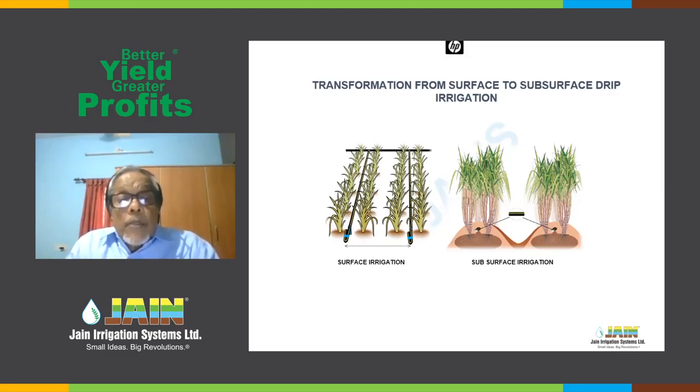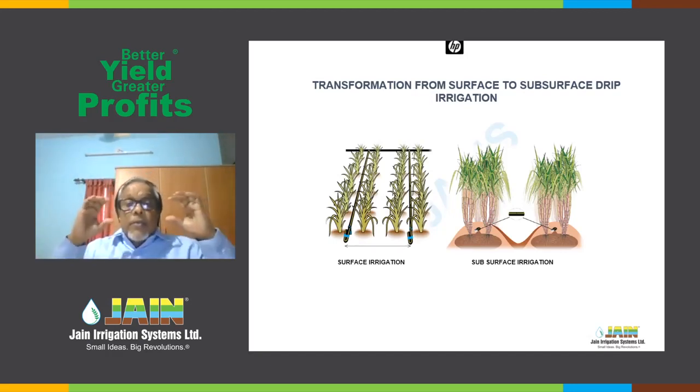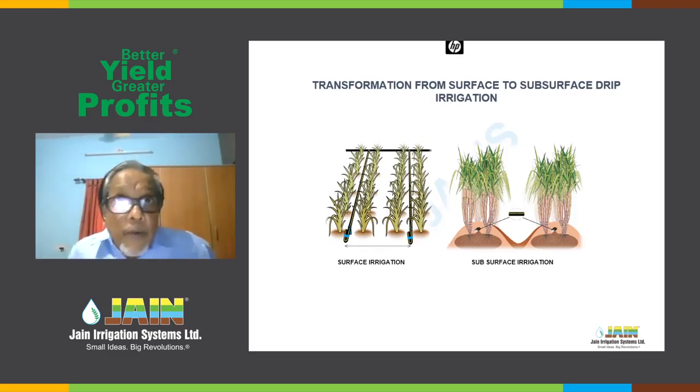The left side is a paired row system of surface drip. The right hand side is also like that, but the drip line is buried maybe 10 centimeter below the surface soil to begin with, with earthing up on top of that. At a later stage, when the cane matures, you get the drip lines about 15, sometimes 20, 25 centimeter below the ground.